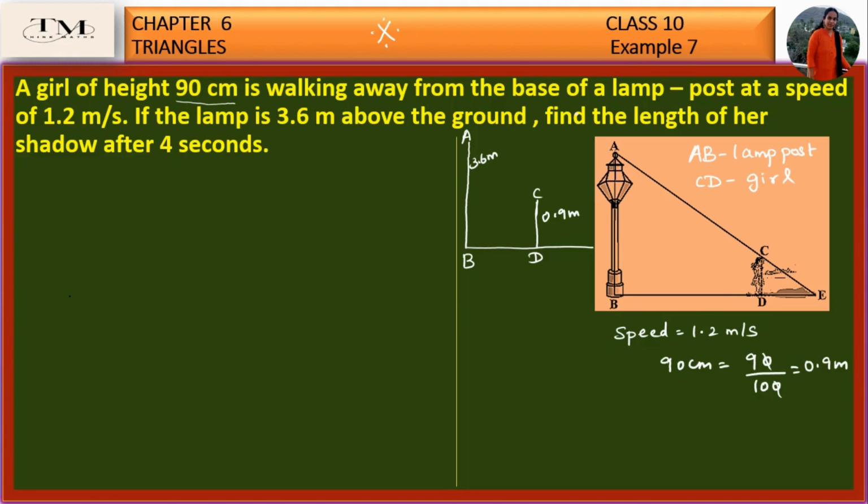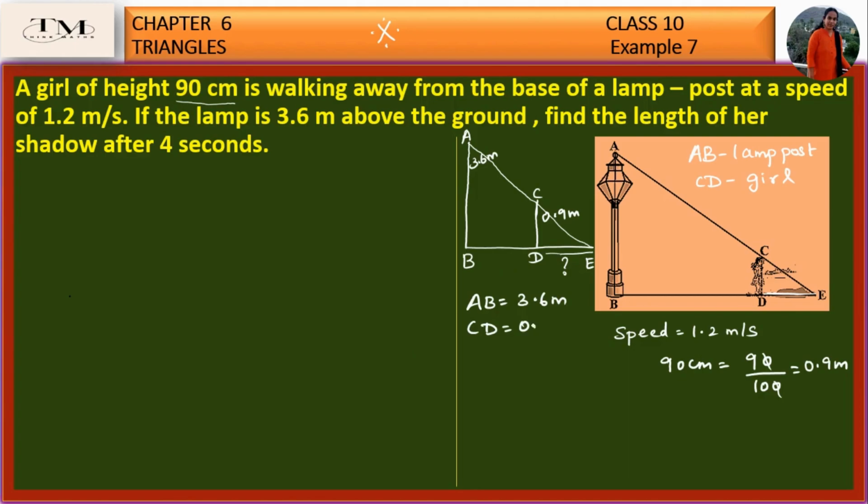Now, lamp post at a speed of 1.2 meters per second. If the lamp is 3.6 meter above the ground, find the length of the shadow after 4 seconds. In the figure, if you observe, the shadow is DE. So just join here. This is the shadow DE which we have to find out. Now what is all given? AB is equal to 3.6 meter.